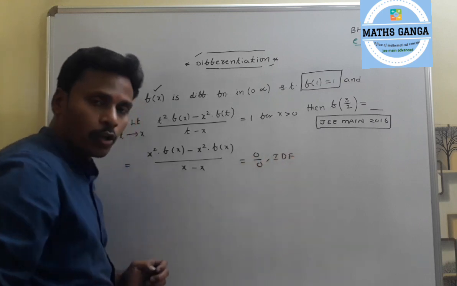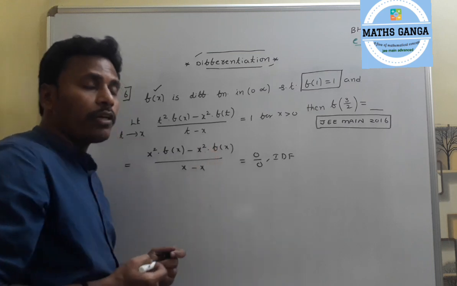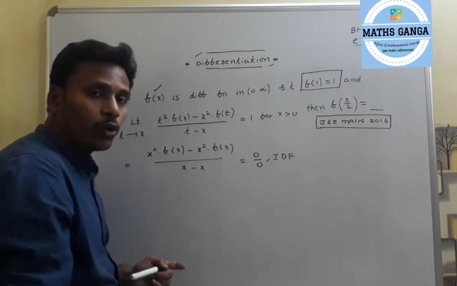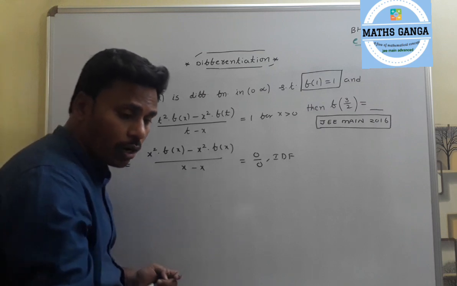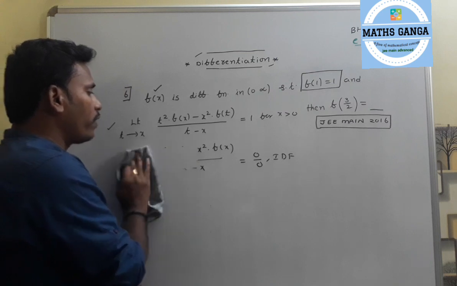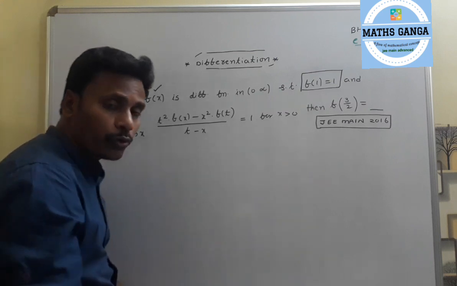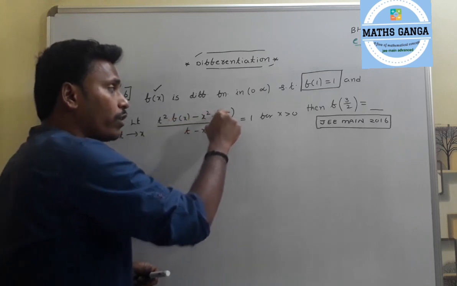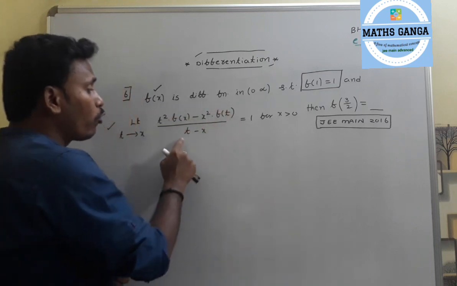Since it is a 0 by 0 indeterminate form, to avoid that we need to use L'Hospital rule, which involves differentiation. That means I need to apply the derivative to the numerator as well as the denominator.